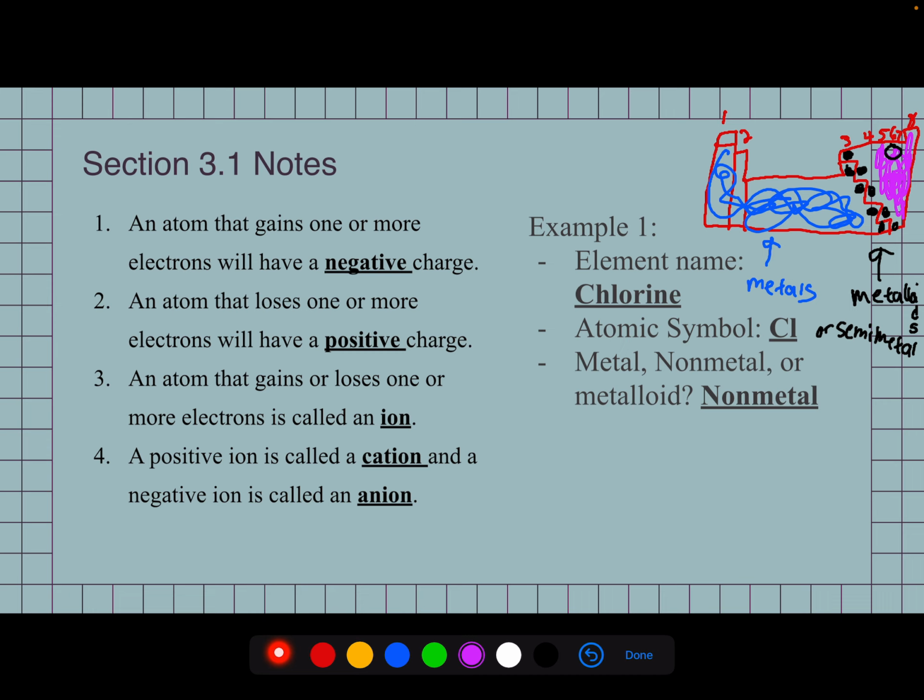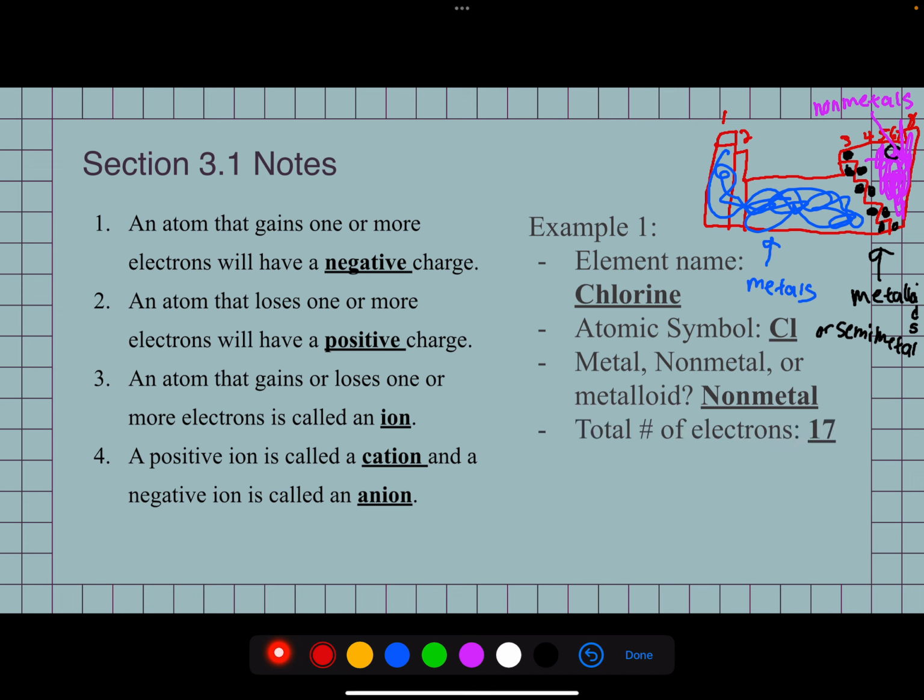So if you're unsure whether it's a non-metal, metal, or metalloid, if it's by oxygen, it's a safe bet to say that these guys over here are your non-metals, because it'd be really bad if it was a metal that we were breathing in. Okay, so that's just to help you remember. You're going to need to figure out if it's a metal, non-metal, or metalloid, and it's going to be important for our chemical reactions unit here.